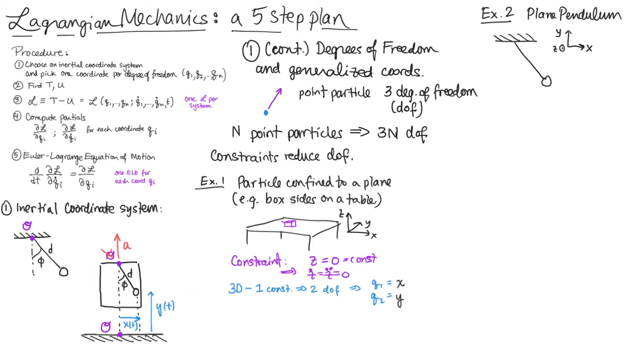Okay, and in that case, we have one particle here, but we have some constraints. So what are the constraints? We have 2. The first is the particle is confined to a plane. Z is 0. Constraint number 2 is that the pendulum bob is always a fixed distance from the point of attachment.